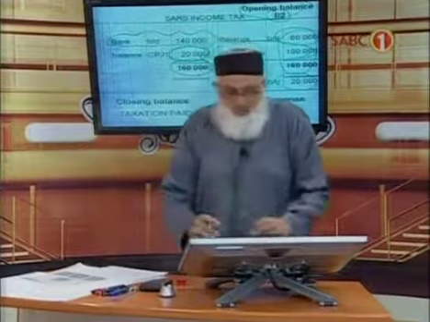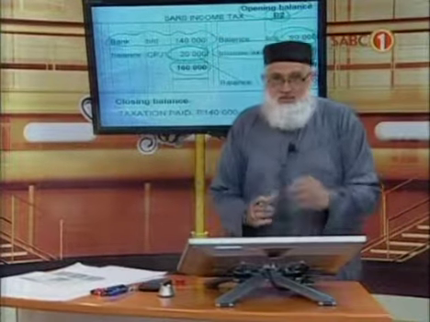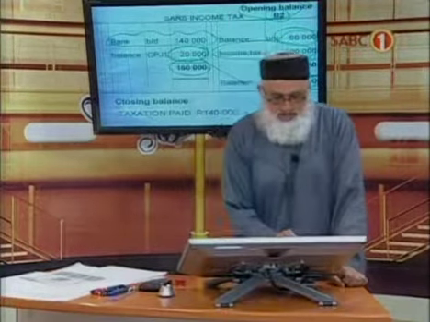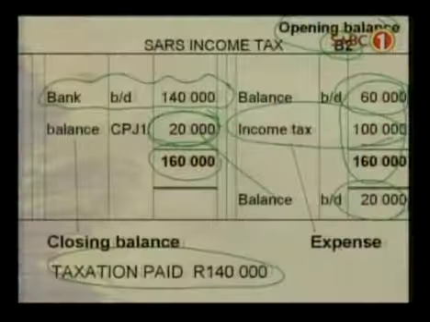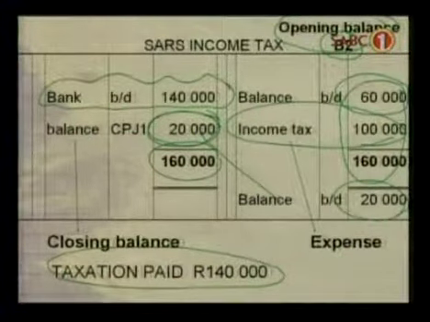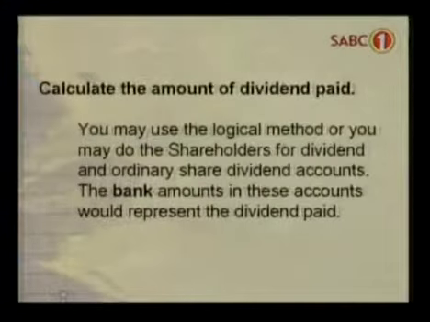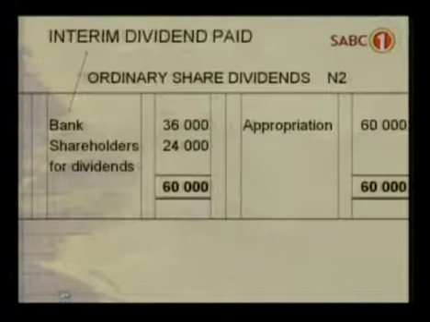Okay, so this account is so important for you to understand, and therefore you will notice that your taxation paid as it appears on the face of your cash flow statement will say taxation paid 140,000. Okay, now calculating the dividend paid. Once again, what am I going to do?